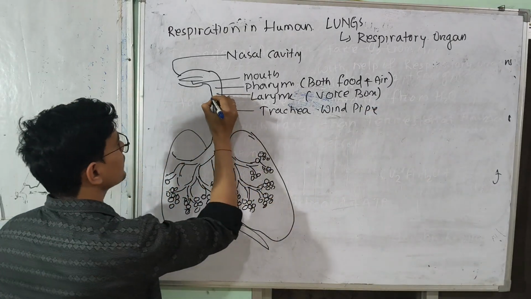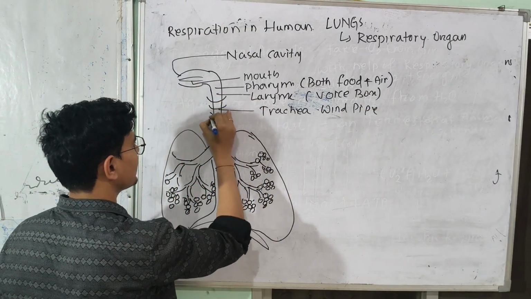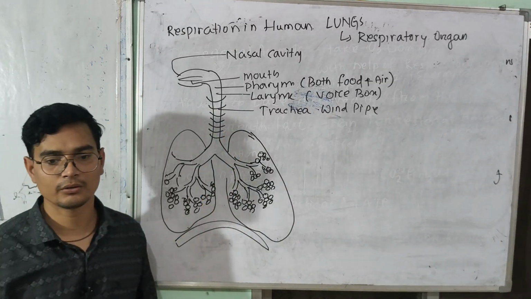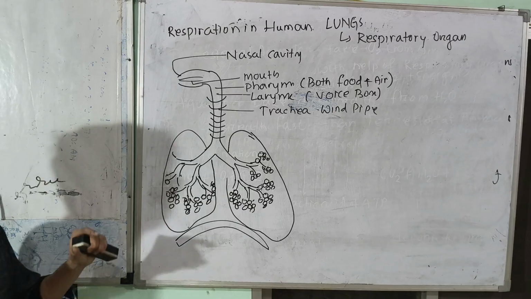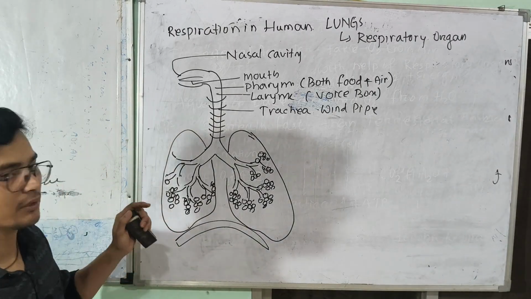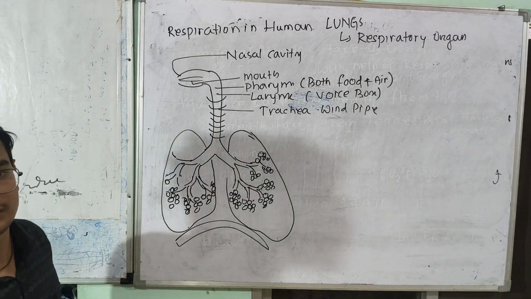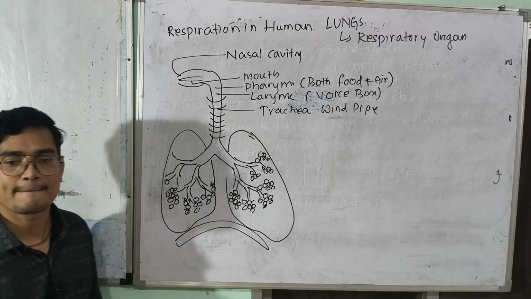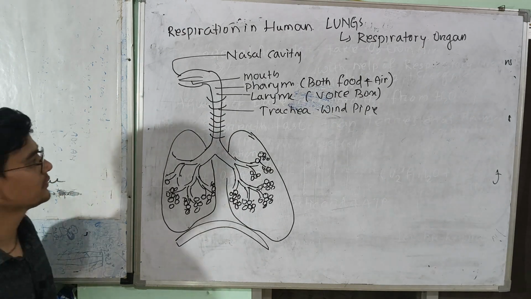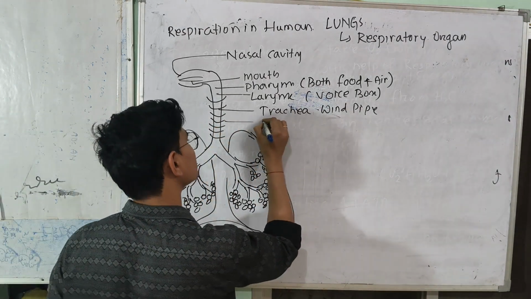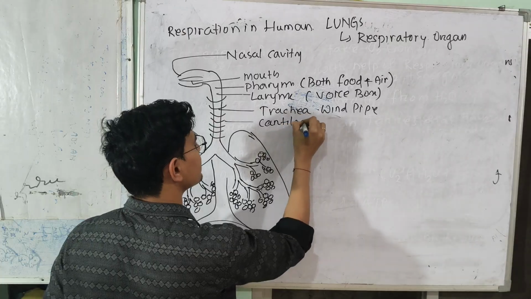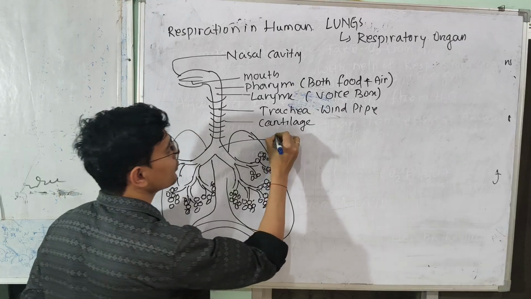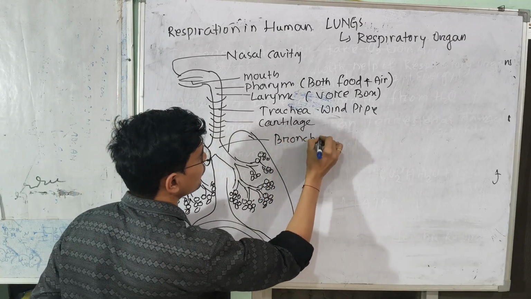Here some C-type cartilage is present around the trachea. The trachea has C-type cartilage. Then this is the bronchi.